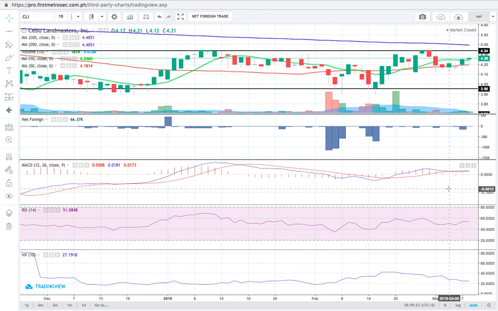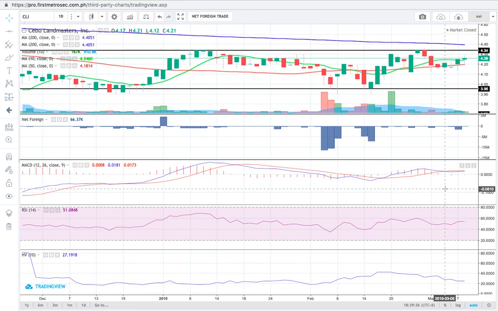But let's see if there will be a continuation of green candlesticks by next week. With this kind of volume that CLI has exhibited within this week, I'm not quite bullish. I'm not quite confident to say that all 5 trading days of next week will be green candlesticks.